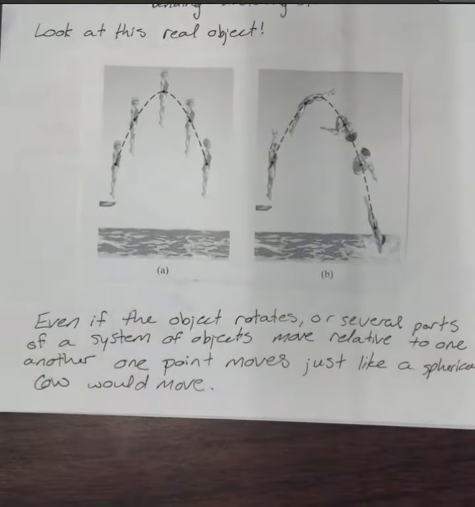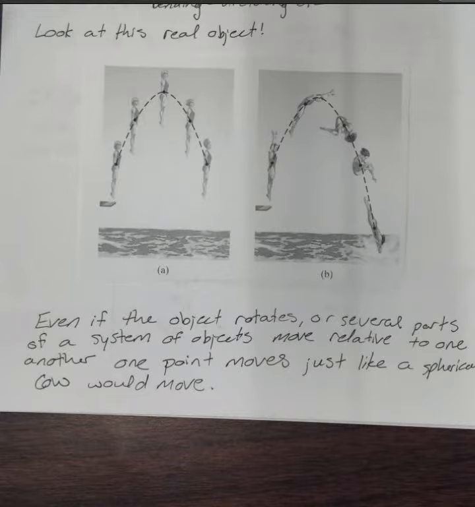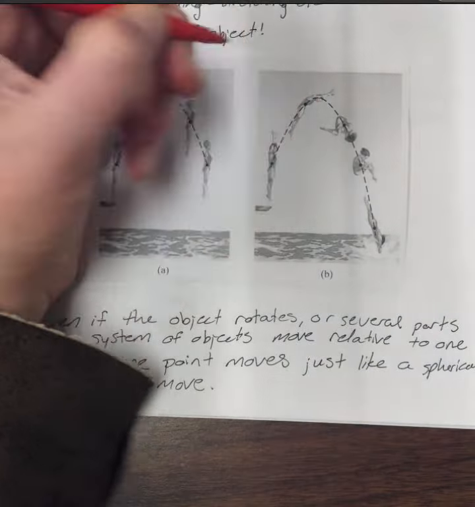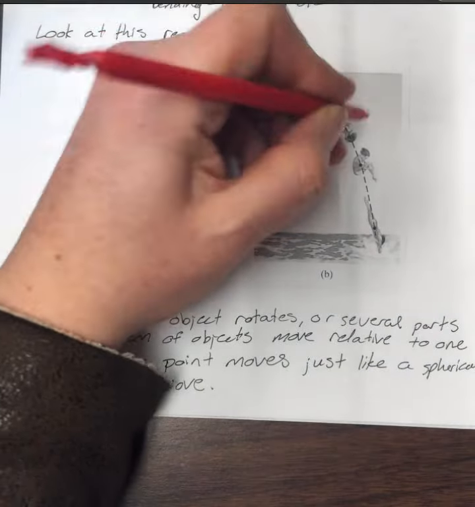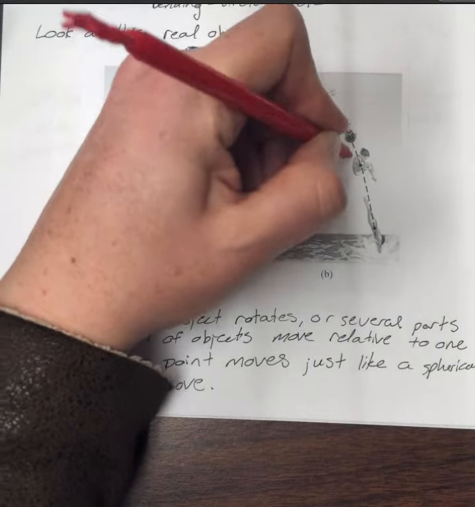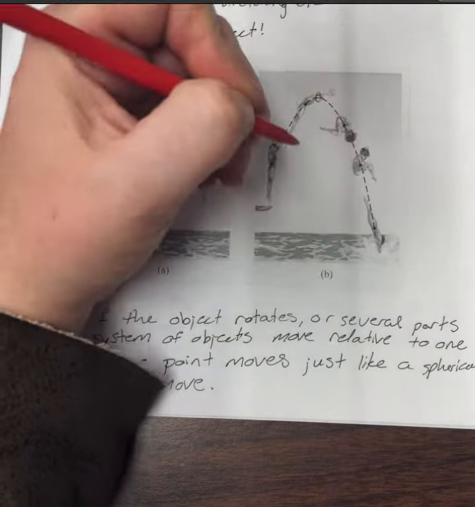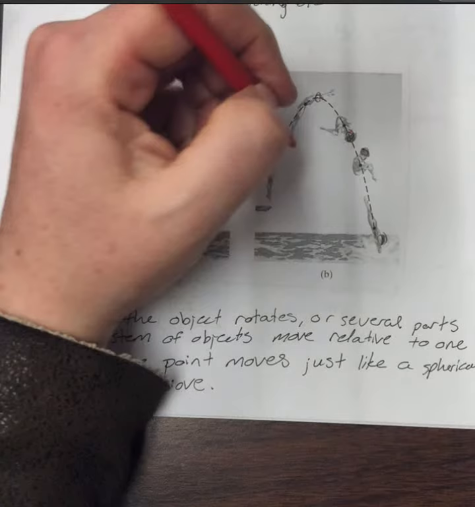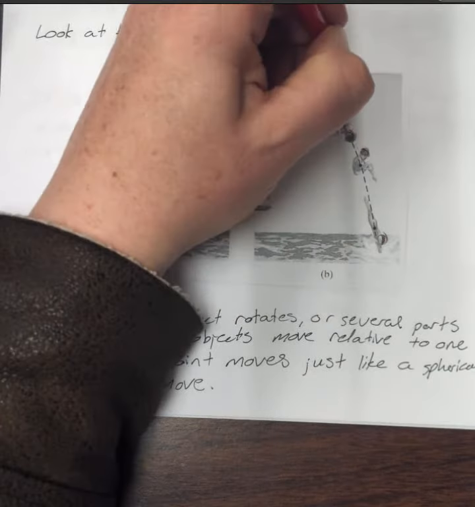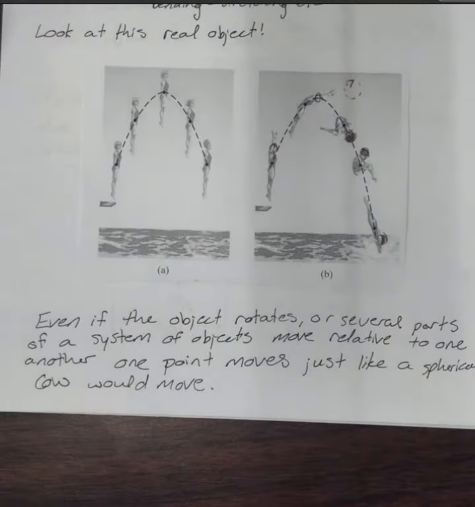Even if an object rotates, or several parts of a system of objects move relative to one another, right? This diver, she rotated. Her head started up here, then it went here, then it went down, and then she came back up, and then her head went down. So she rotated around as she flipped.